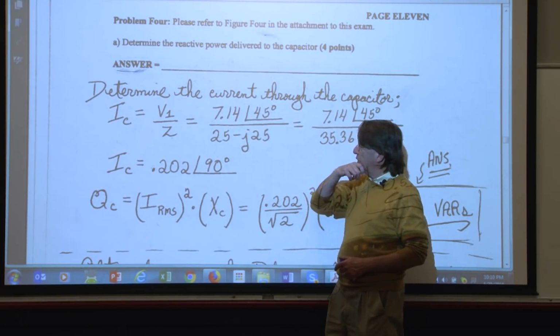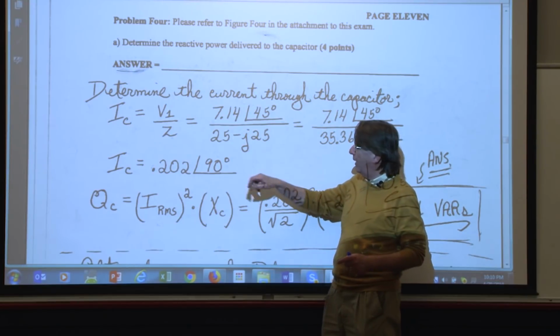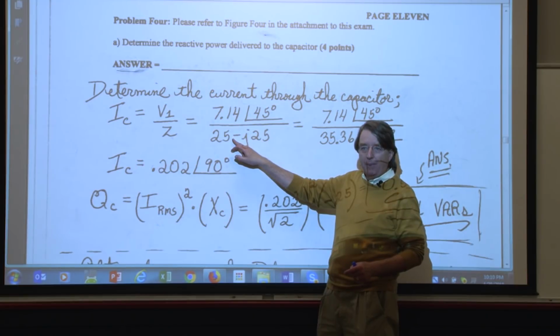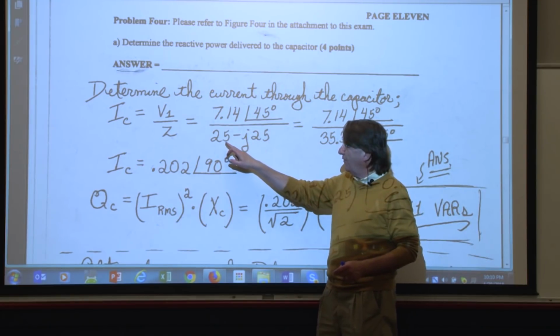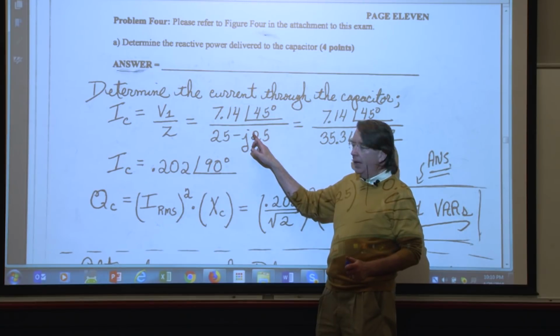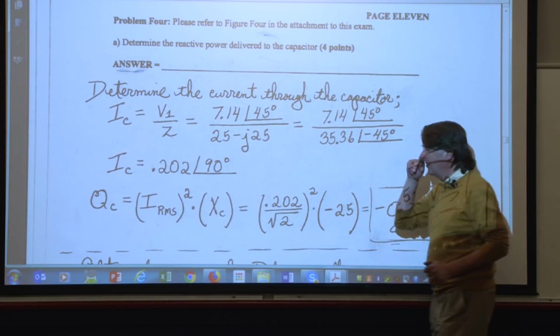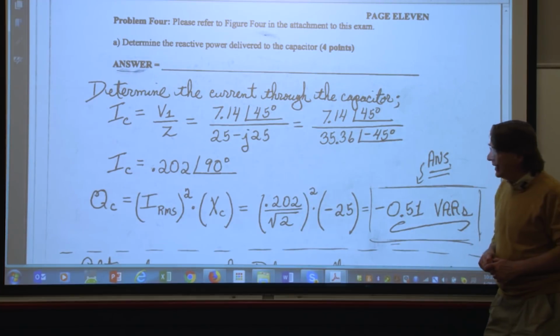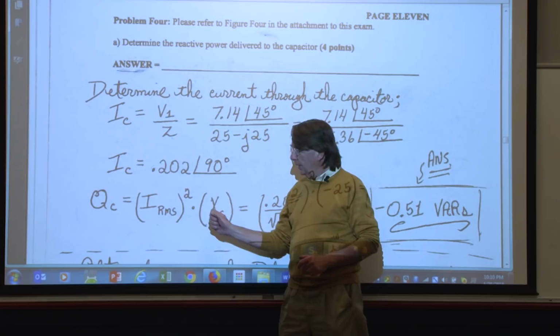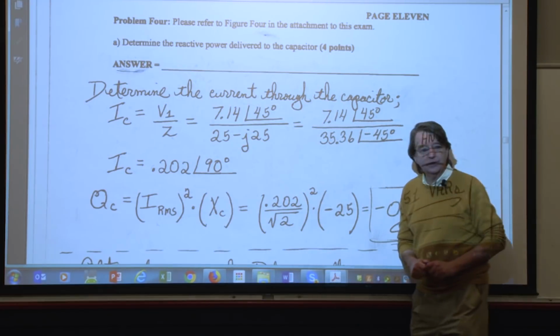And if you look at your drawing, Parker, help me out, that was 25 minus j25. So we had a 25 ohm resistor in series with a 25 ohm capacitor. And we then find the current, and how do I then get the reactive power? I RMS squared times the reactance of the capacitance.